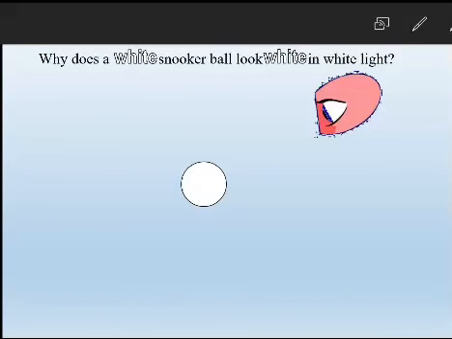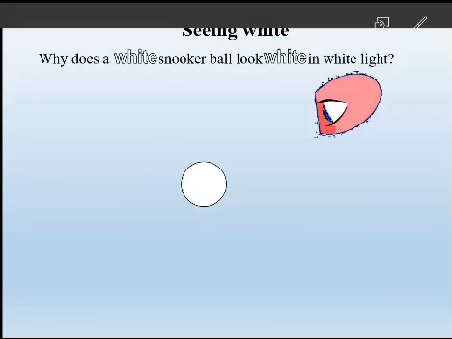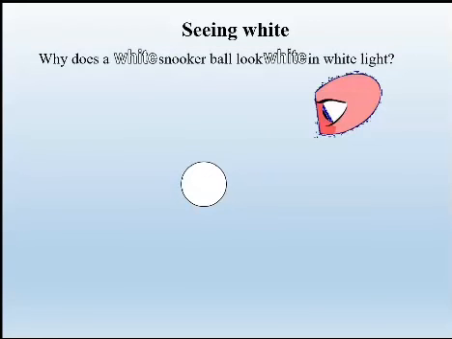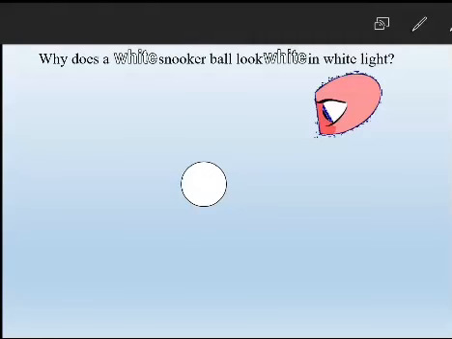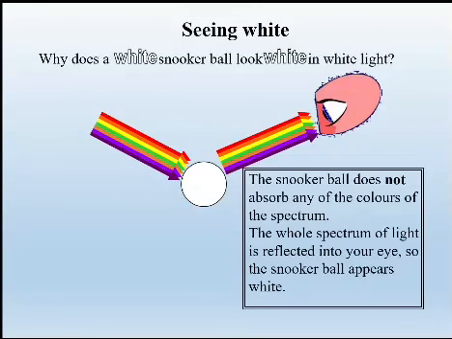Now, about the white color. Why does a white snooker ball look white in white light? Again the same, the snooker ball does not absorb any of the colors of the spectrum. See, in black color it absorbs all the colors, and that is why it does not reflect any color and we see the black color. But when we consider a white color, the snooker ball does not absorb any of the colors of the spectrum.